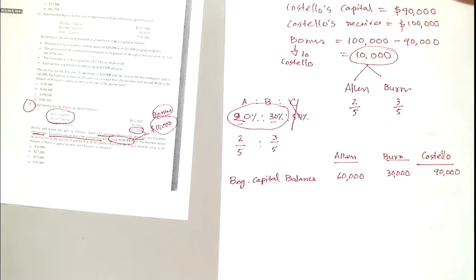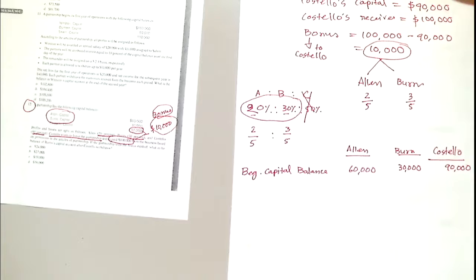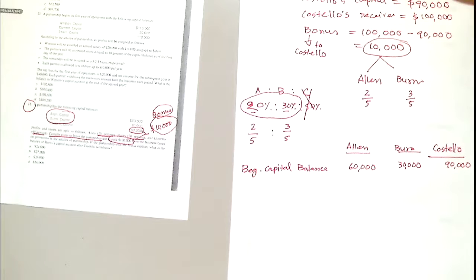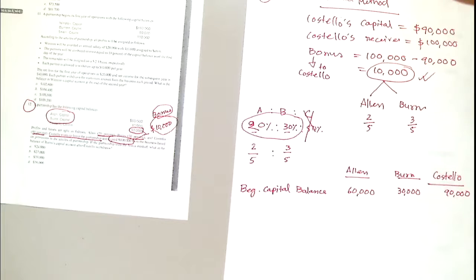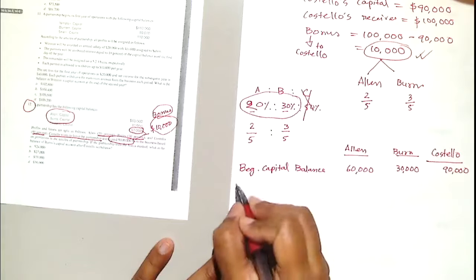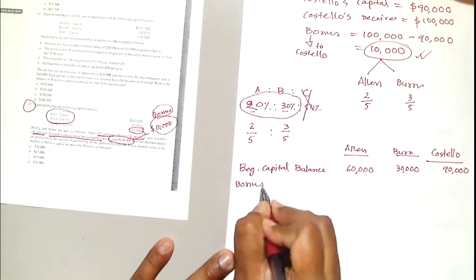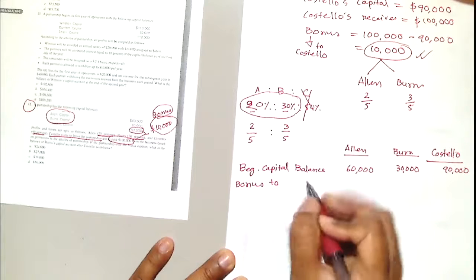Right. So now, when Costello is leaving, Costello really wants to get $100,000. That means he's getting this 10,000 extra bonus, which is paid to Costello. So the bonus will be paid by Allen and Barnes. So that means we can show the numbers here. Bonus to Costello.